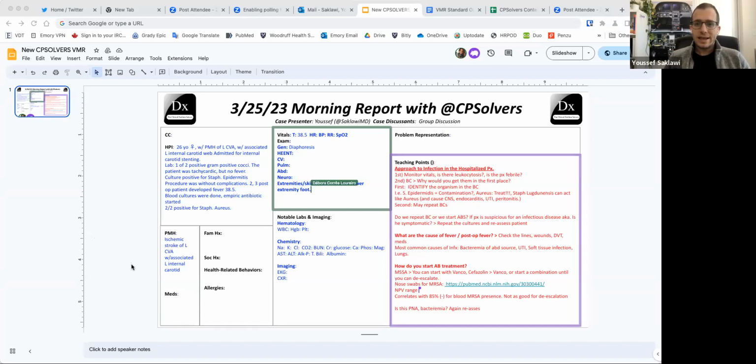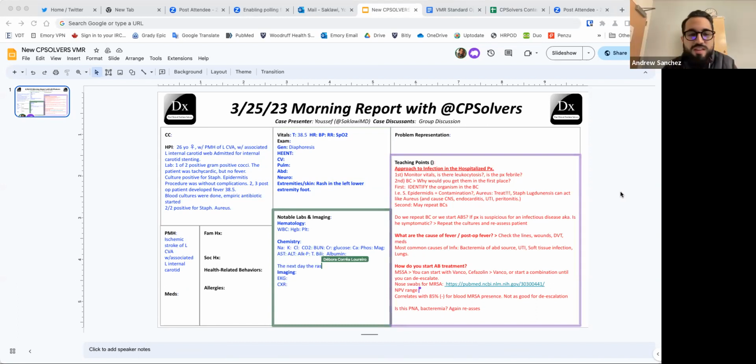The TTE was negative, a TEE was negative, and the next day the spots started to evolve, but they were only on the left lower extremity. I wanted to see what you all thought about this new developing rash, and what would be your next best step?